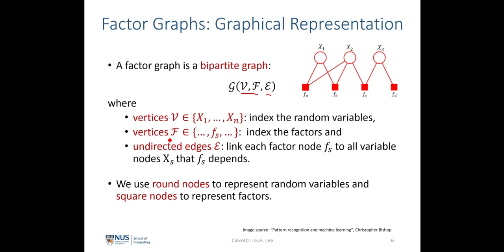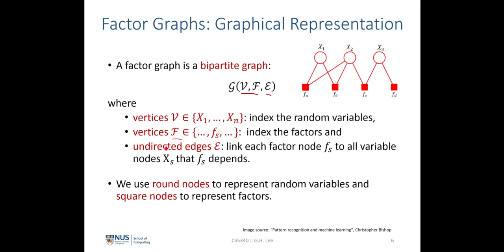And the second set of nodes in the graph, which we denote as F over here, consists of the set of factors that represent the potentials or conditional probabilities that contain the random variables that are linked to this particular factor in the bipartite graph.